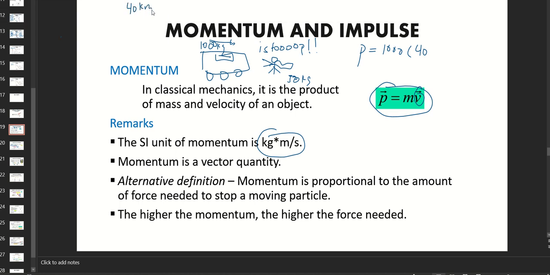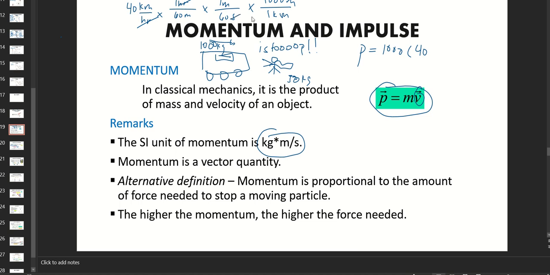km per hour. In 1 hour, meron tayong 60 minutes, and in 1 minute, we have 60 seconds. Tapos, in 1 kilometer, we have 1,000 meters. So, cancel.